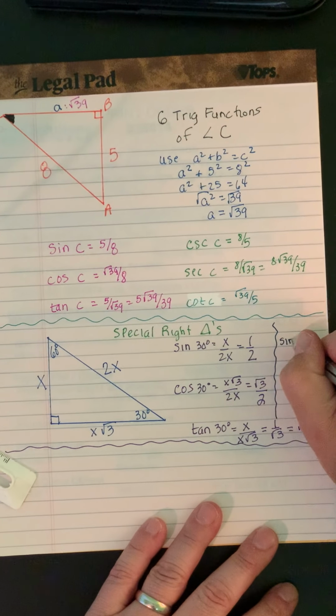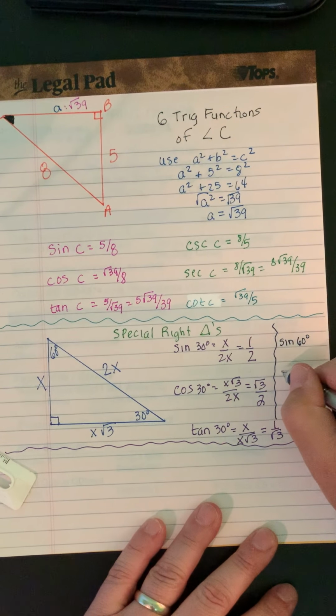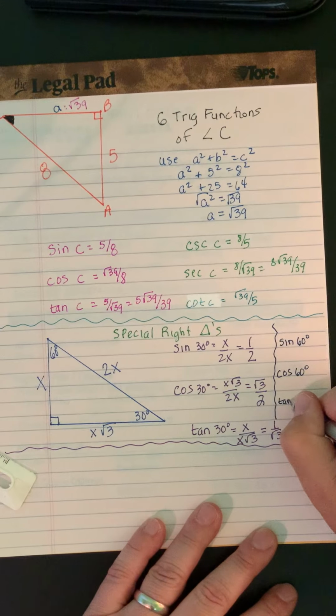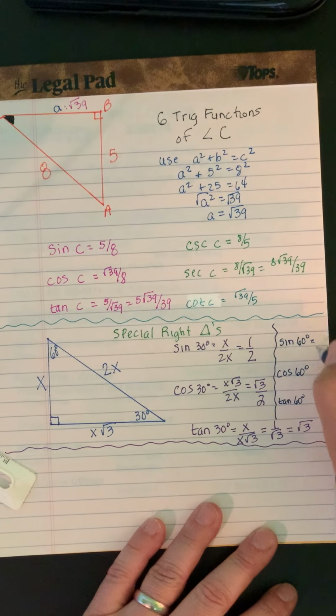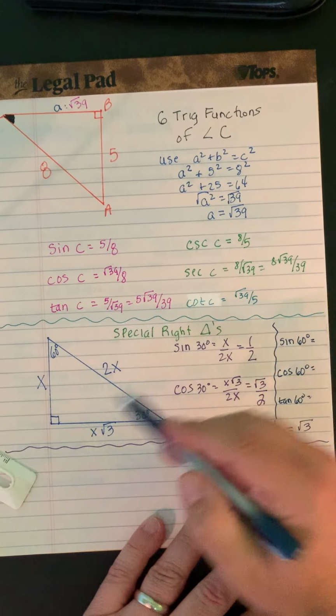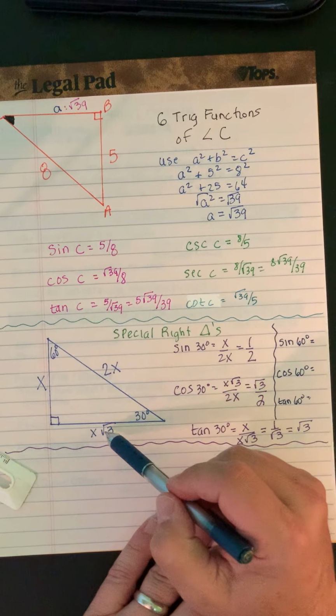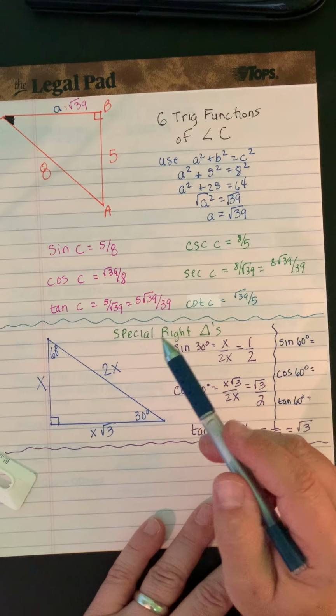The sine of 60, the cosine of 60, and the tangent of 60. And you're gonna see a little relationship here. So here's 60, so sine is gonna be opposite over hypotenuse.